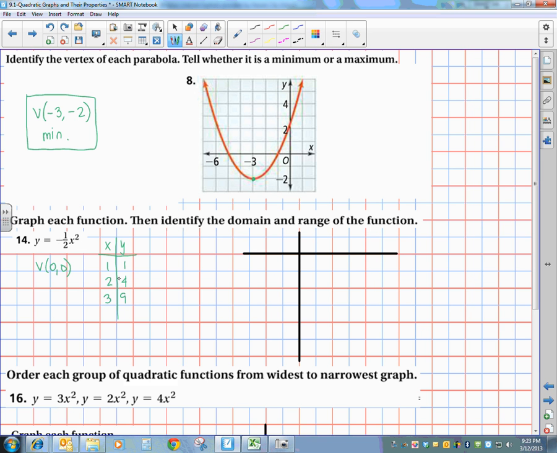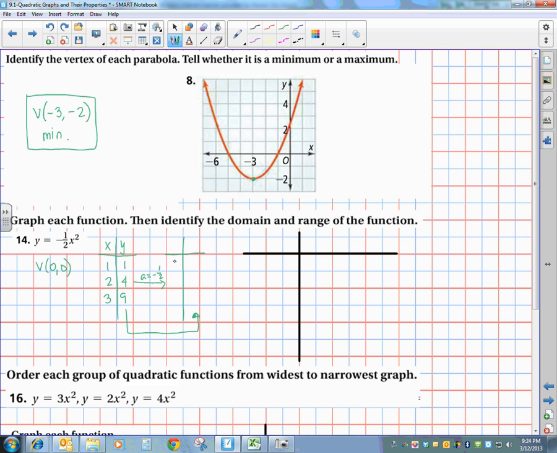We talked about what A is, and A is equal to negative 1/2. So that means that I'm going to take each y value and multiply it by negative 1/2.